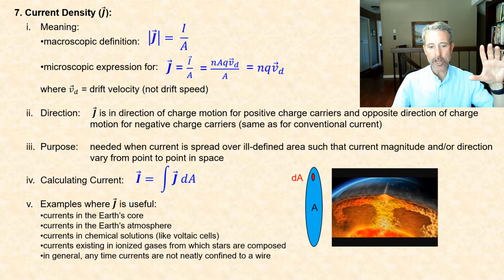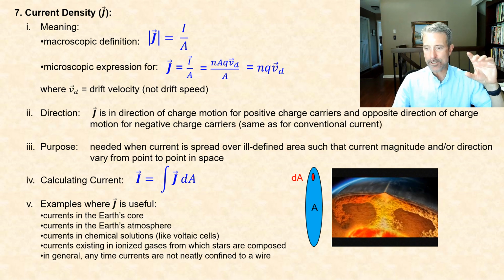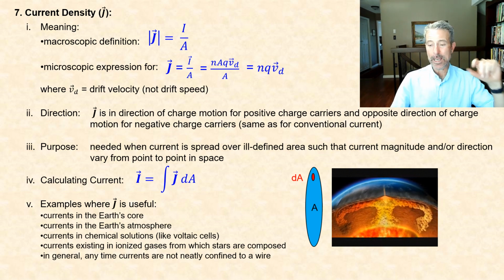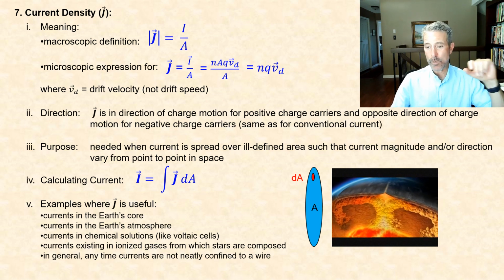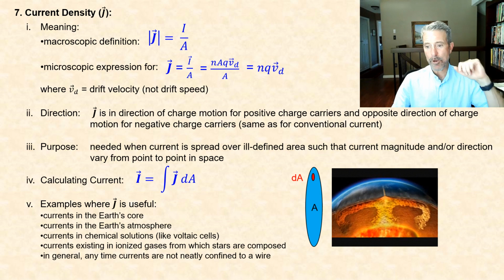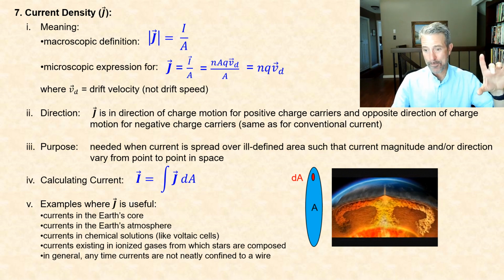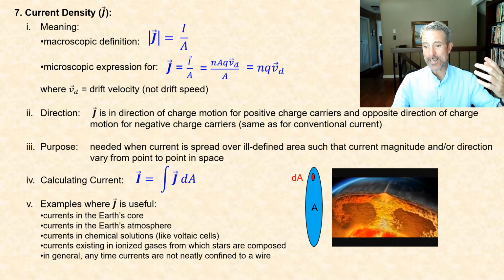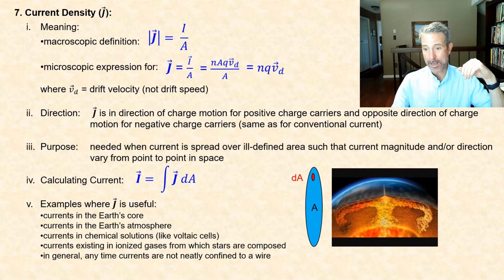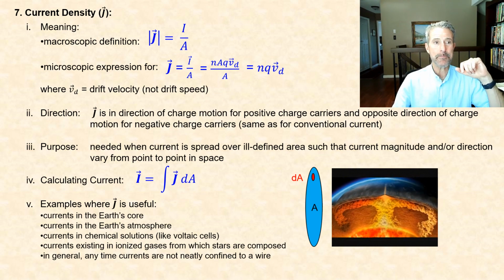So pretty much in general, anytime currents are not neatly confined to a wire, then very often we use the idea of current density, as we will see in some of the problems we take a look at. Even in cases where you have current in a wire, if for some reason the charge passing a given cross-section is not constant in time, then you would have to invoke this idea of current density.